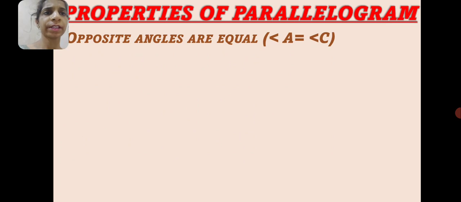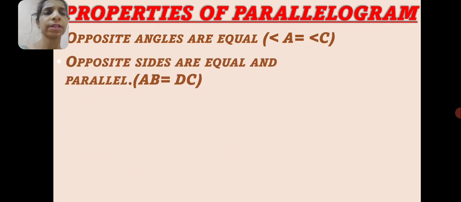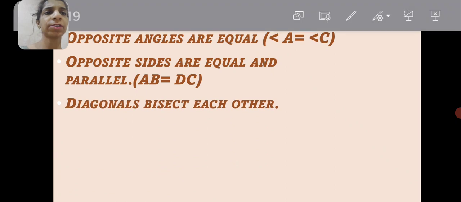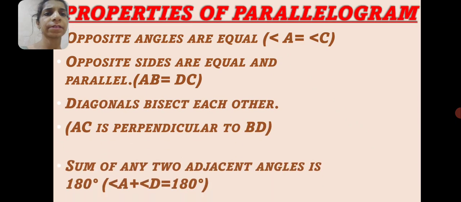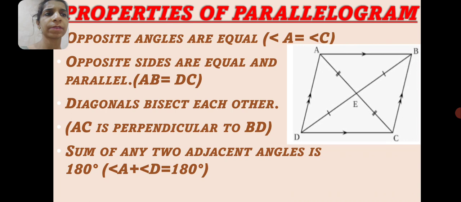Here opposite angles are equal, which means angle A is equal to angle C, or angle B is equal to angle D.